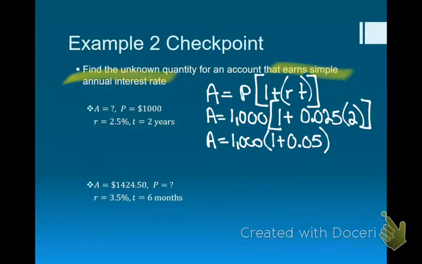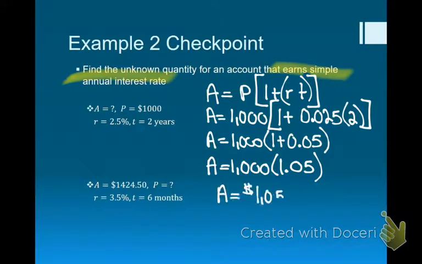We don't need our calculators for that. You just add 1 to the other number. 1.05 times 1,000 gives me my final balance. I'm sorry, yes, my final balance of 1,050.